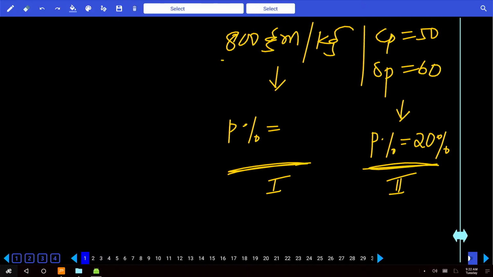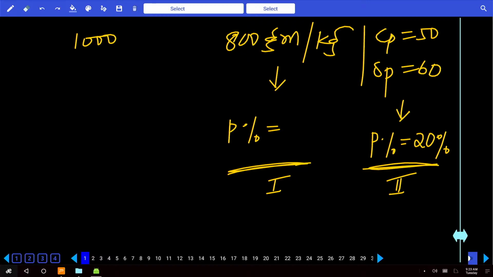Total, how many grams is he giving? 800 grams per kg. Kg means how many grams? 1000 grams. So in total you have 1000 grams. Feel like you are the merchant and I am your customer. I came to you and asked for 1 kg.